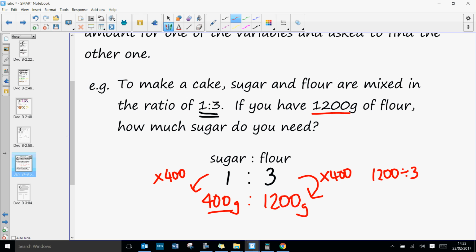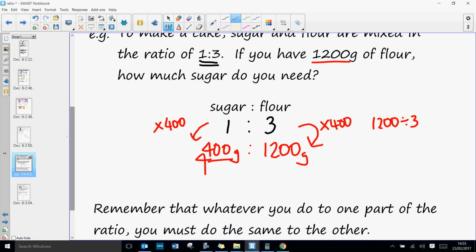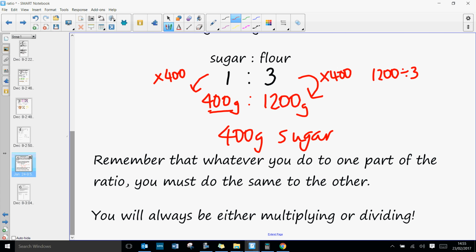So how much sugar do we need? So that's 400 grams of sugar. Make sure you answer the question at the end. Remember, whatever you do to one part of the ratio, you must do the same to the other.